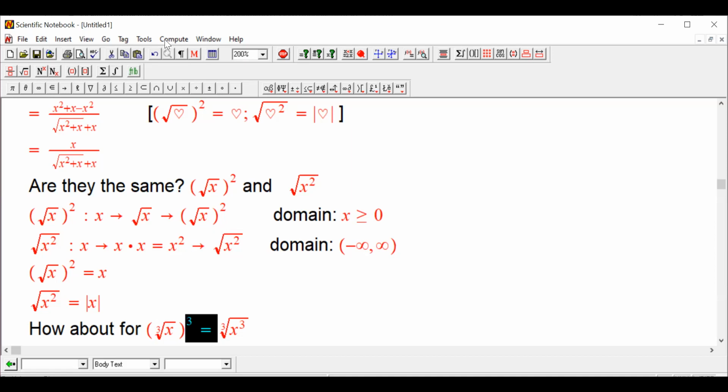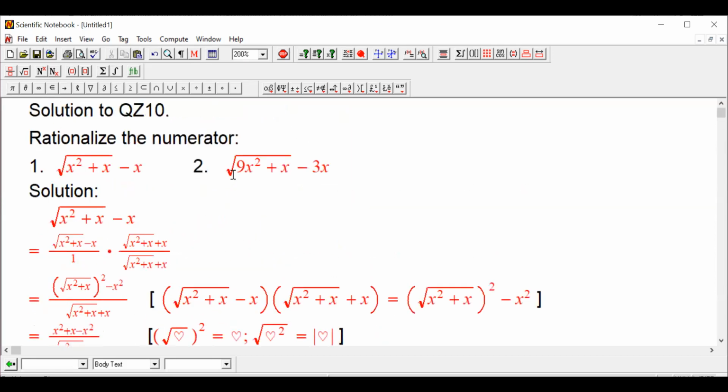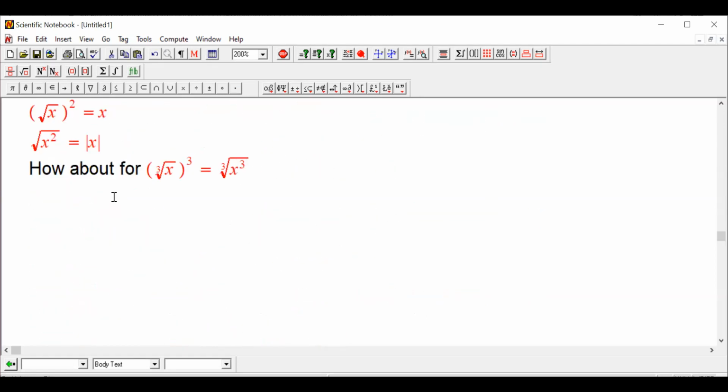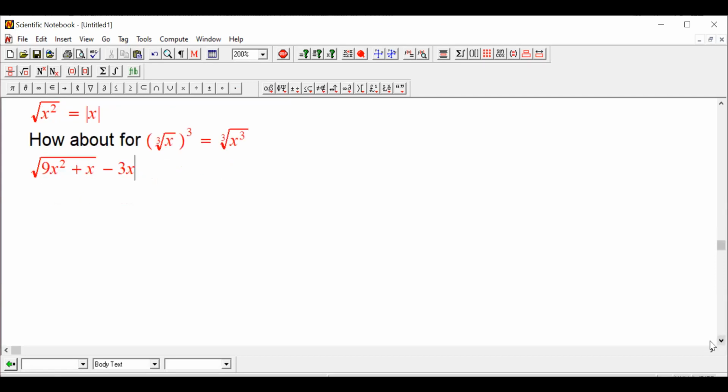The second question on the quiz is very similar technically. But I want you guys to pay attention to how you show your work. You need to show your work nicely and neatly.